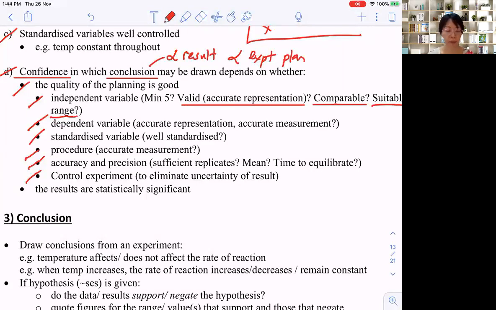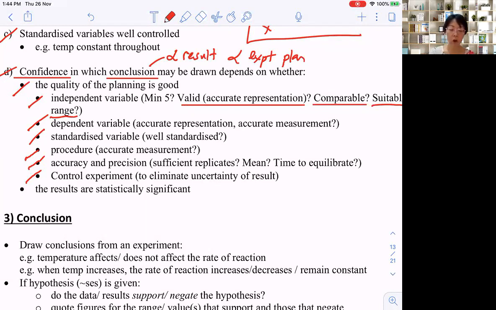Or pH paper. Do you do a control experiment to eliminate possible uncertainty in the result? Because there are 2 factors which may affect your result. Have you done your control experiment to find out whether both factors affect the result or only one of them? So is your result accurate, or an overestimation or underestimation? So you have to do a control experiment.